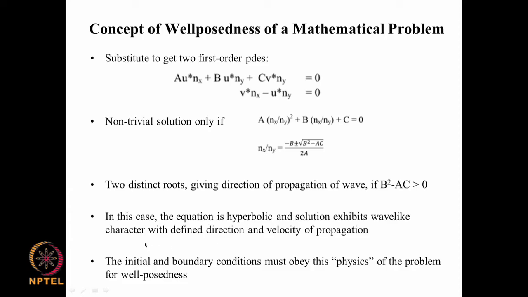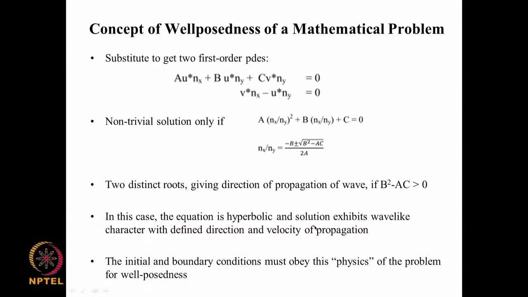And what is important for us is that the initial and boundary conditions that we specify should obey this physics of the mathematical problem. So, what is the physics? That there is a wave-like solution with a well-defined sense of direction and speed of propagation.